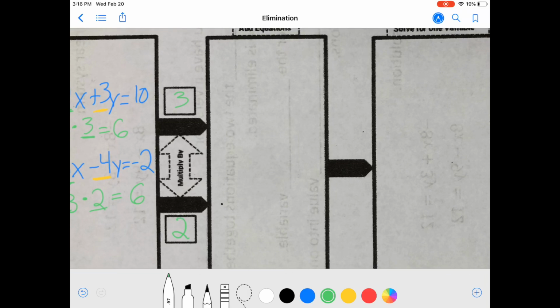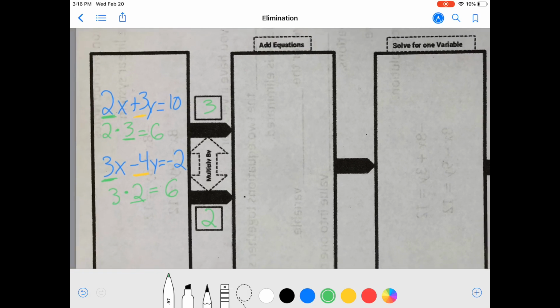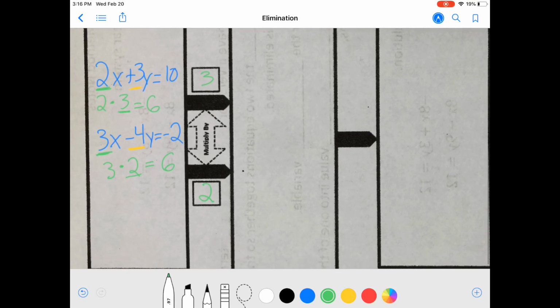When we do this, we want to also create it where they're inverse terms. So right now, our 6's are going to create positive 6x's. So we want one of them negative, so we're going to choose either the 3 or 2 to be negative. I chose the 2 to be negative.